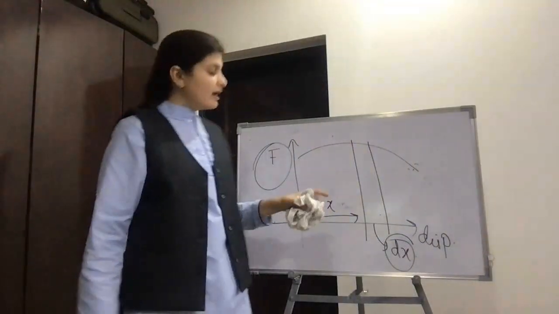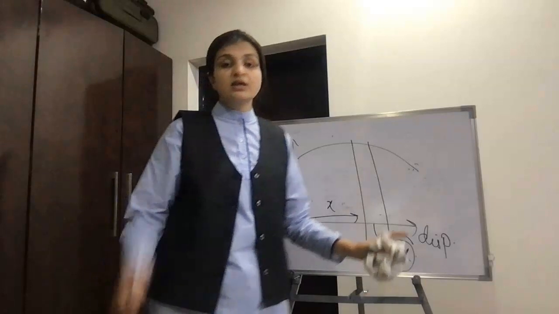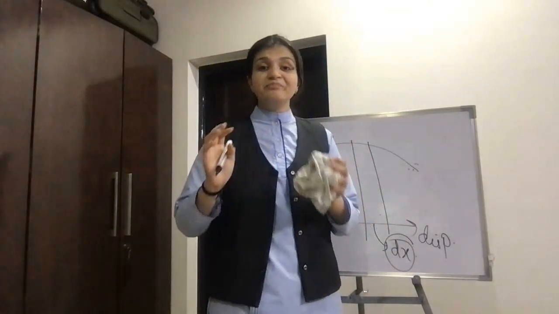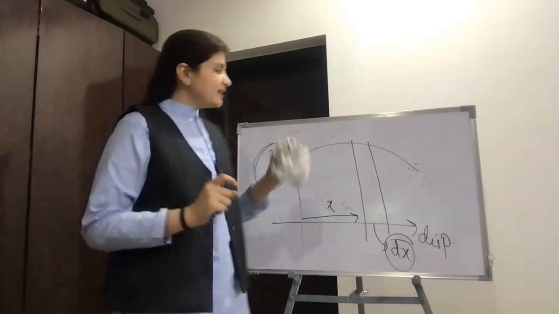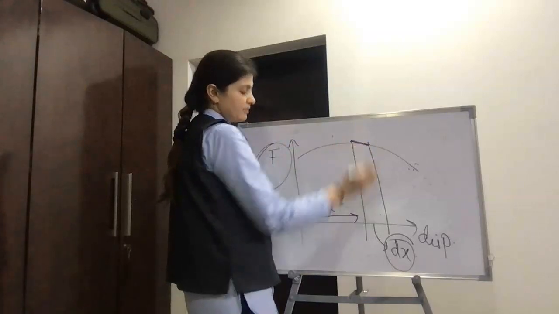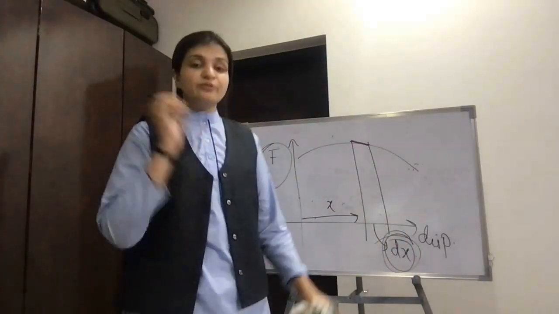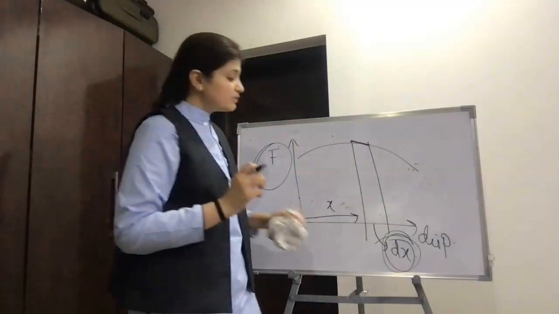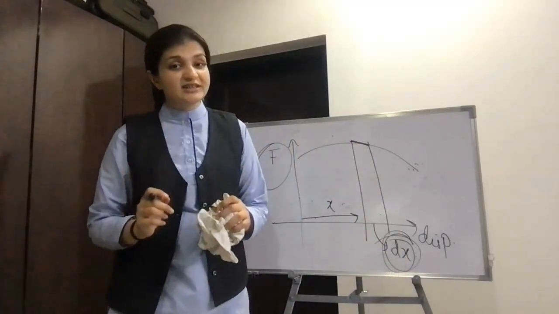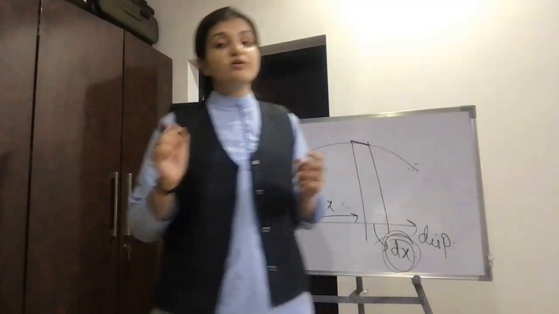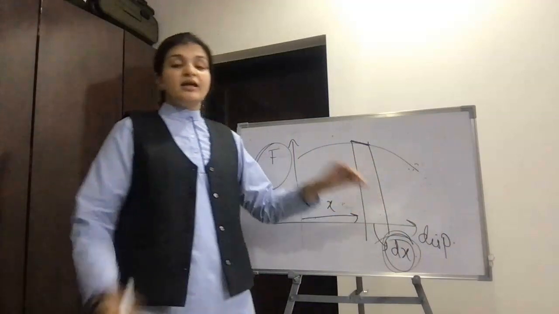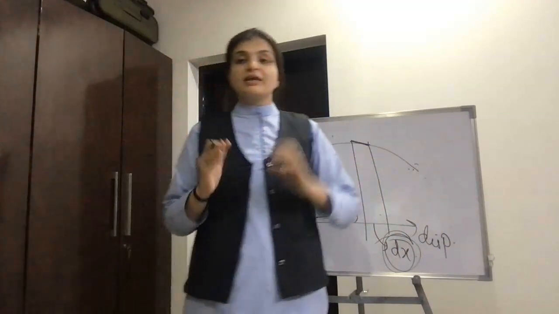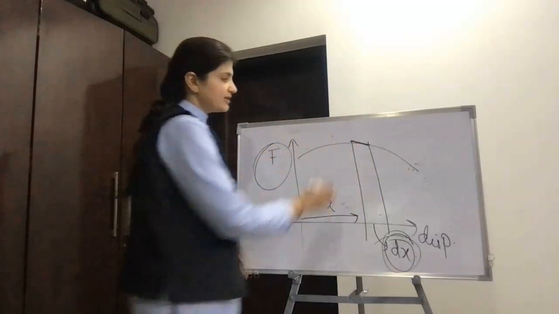For this infinitely small element dx, we can assume that the magnitude of the force remains the same, because dx is a very small value, like 0.0001. So the magnitude of the force is the same for this dx element.